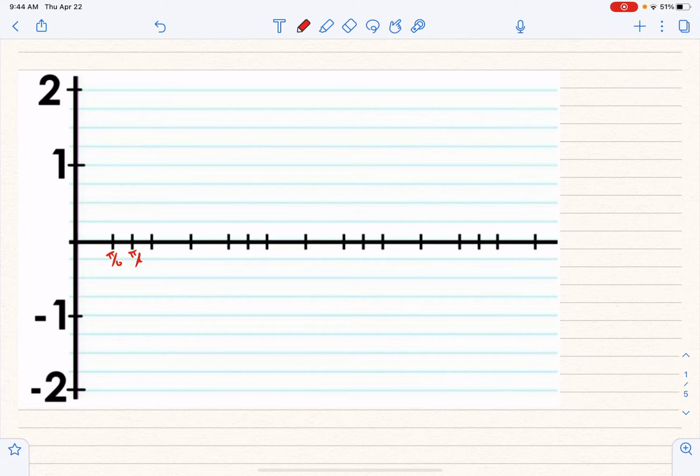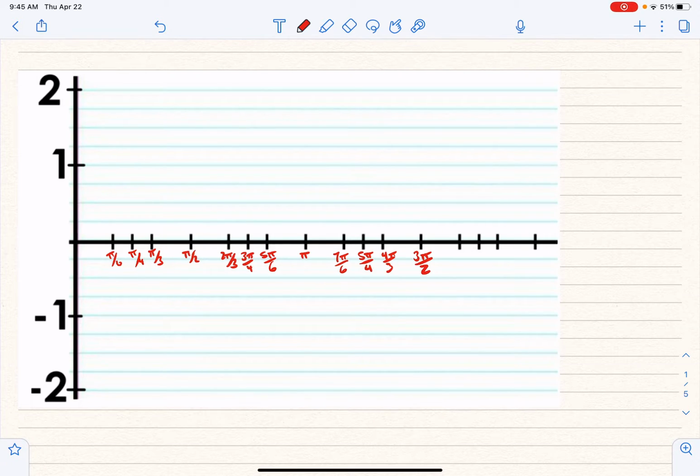We've got pi over 6, pi over 4, pi over 3, pi over 2, 2 pi over 3, 3 pi over 4, 5 pi over 6. And then pi, and then 7 pi over 6, and then 5 pi over 4, and then 4 pi over 3, and then 3 pi over 2.